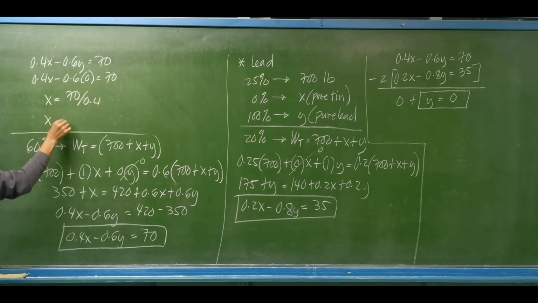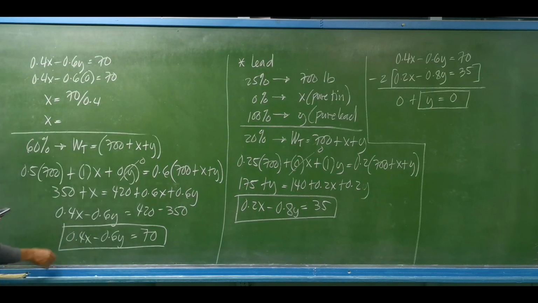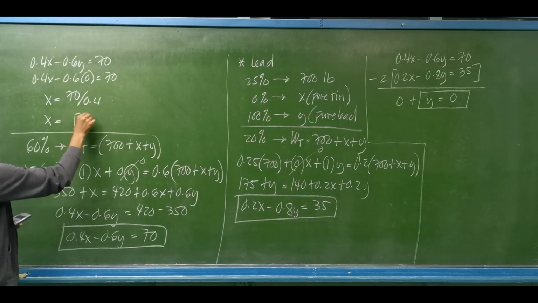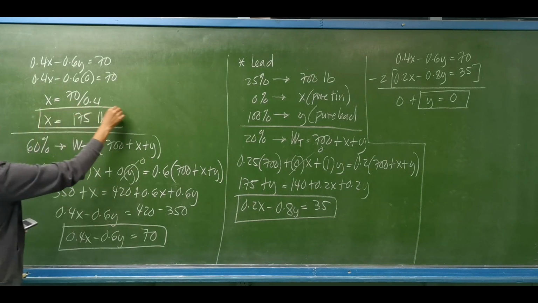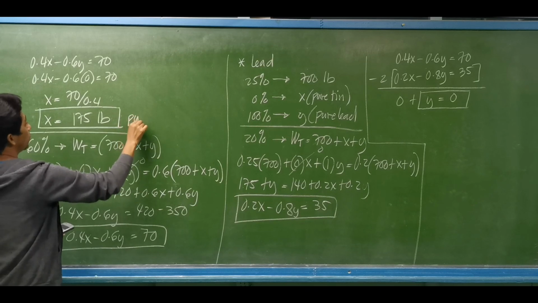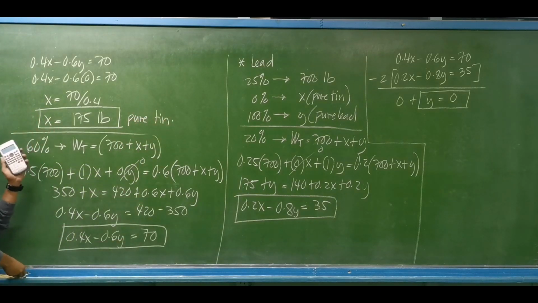What will be the weight of the thing to be added? What is 70 divided by 0.4? That is equal to 175 pounds. We are adding 175 pounds of pure tin. So this will be our answer.